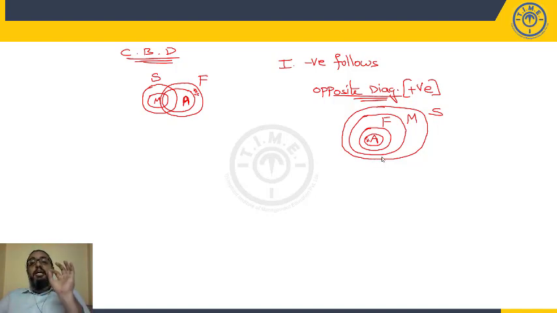Yes. So only a few media are Asians, whereas you have some media which are not Asian. The term only should tell you that you should have some inside Asians. There should be some outside Asians also. So you do have that here. So what is happening? The complementary diagram satisfies. So usually when the complementary diagram satisfies, we say the given negative does not follow. Correct?